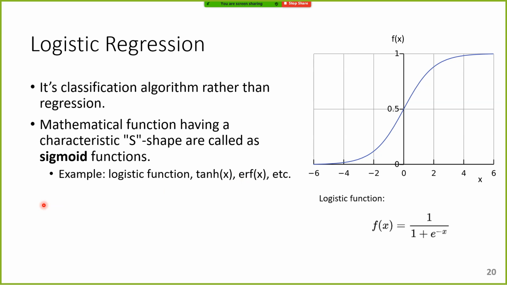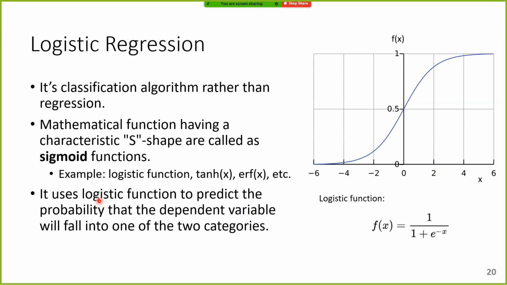The equation for this logistic function is given by this. So this curve represents this equation. Whenever we use the logistic function to predict the probability that the dependent variable will fall into one of two categories, we call it logistic regression. We can do it because if you look at this curve, the y value ranges from 0 to 1, and you know that probability also ranges from 0 to 1.